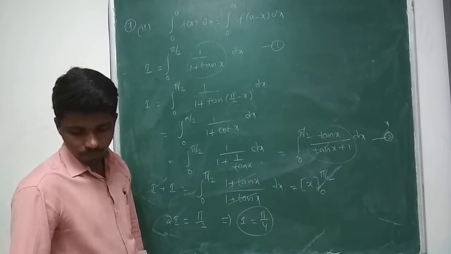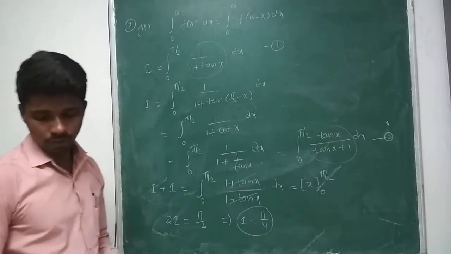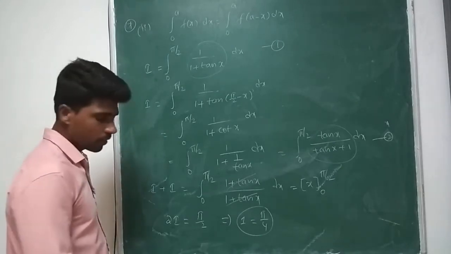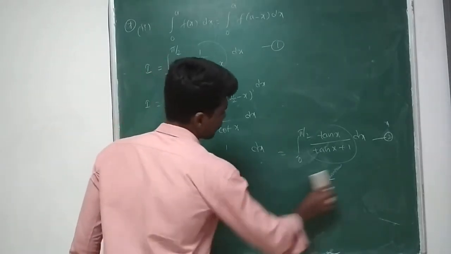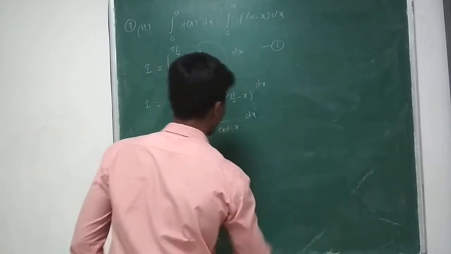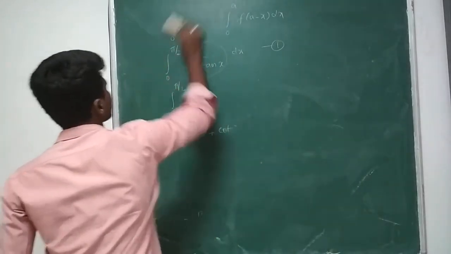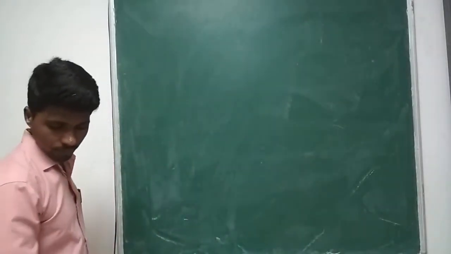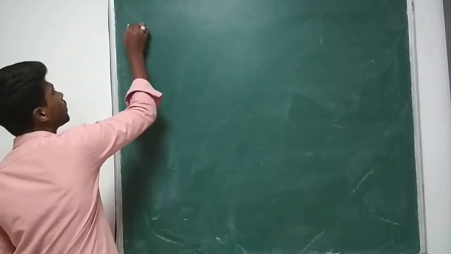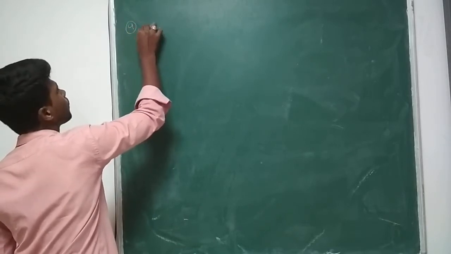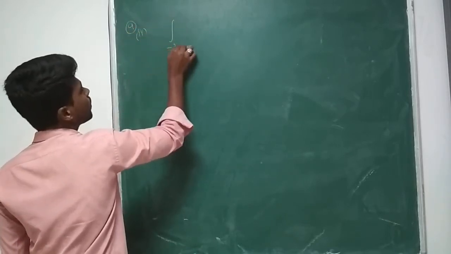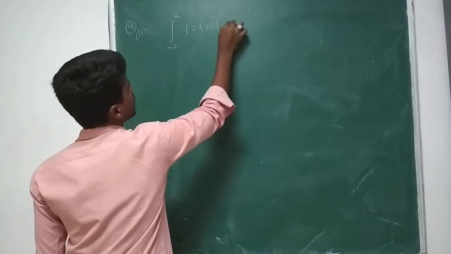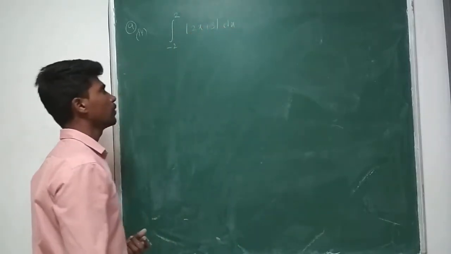Integral from minus 2 to 2 of modulus of 2x plus 3 dx. In the beginning, what do we do?